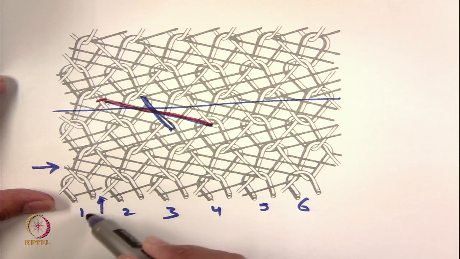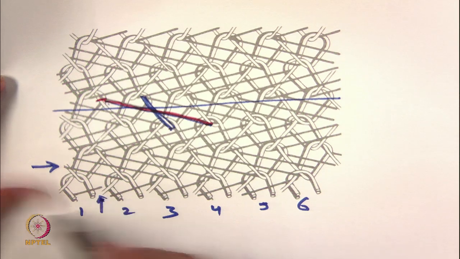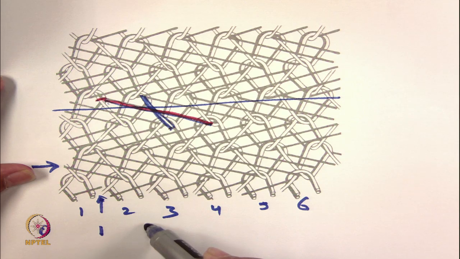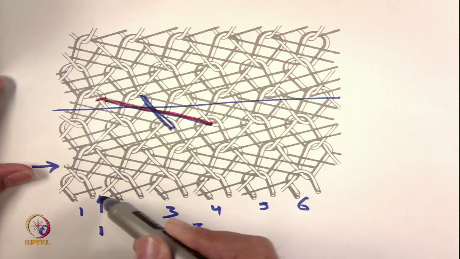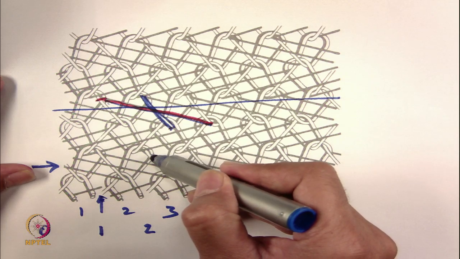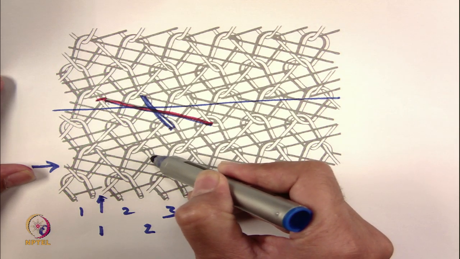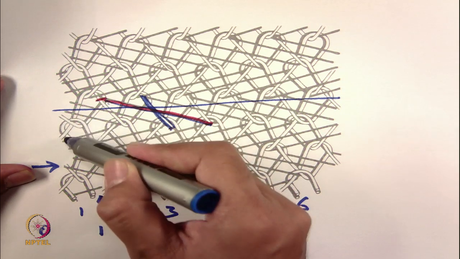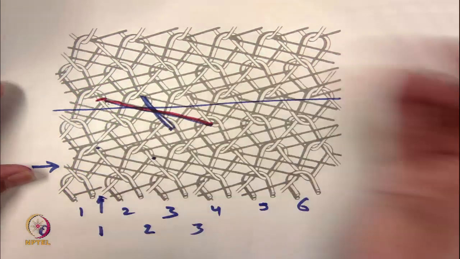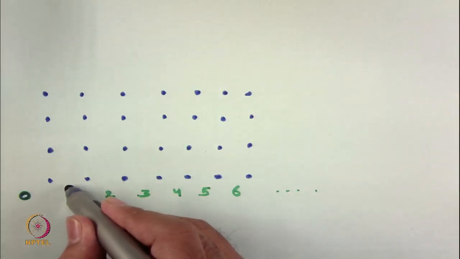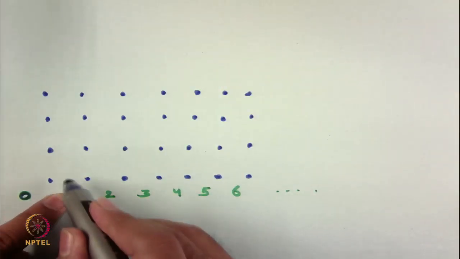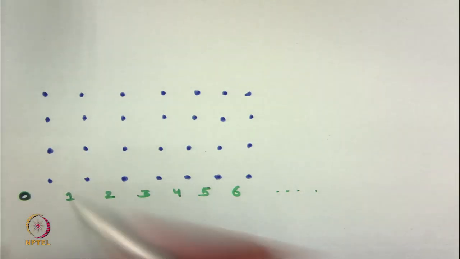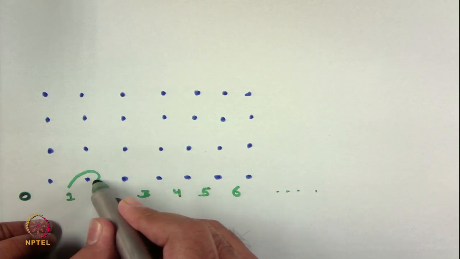So, you can see here this is 0 position, this is 1 position, this is second position, this is third position. So, it is starting from 1 position, going to second position, and from second position it is going back to 1 position, and then from 1 position it is going back to 0, and this way it is moving on. So, first it is moving from 1 to 2.